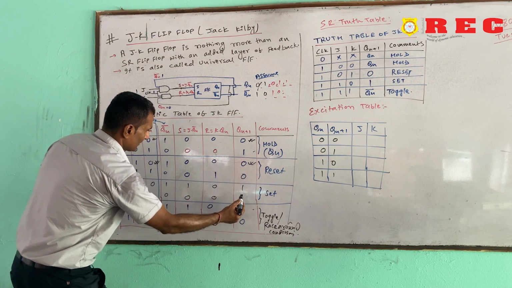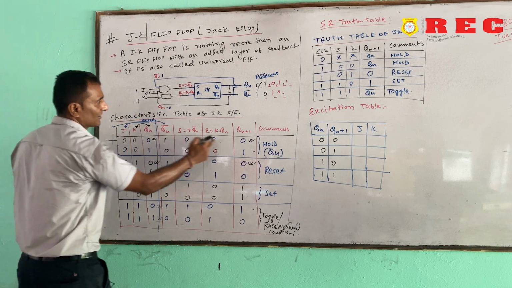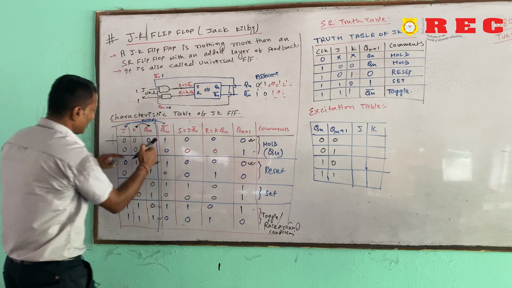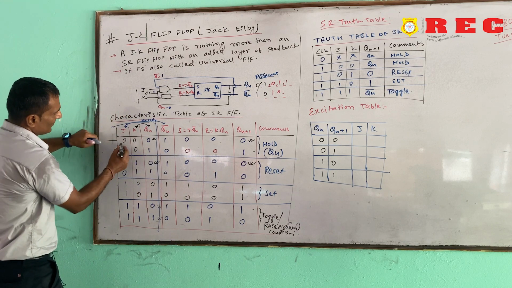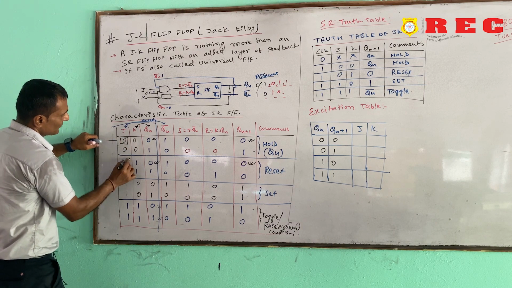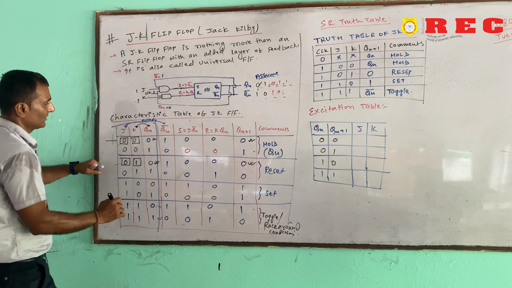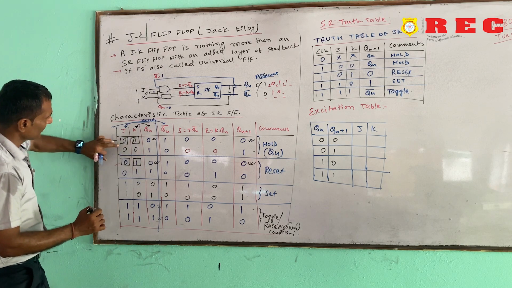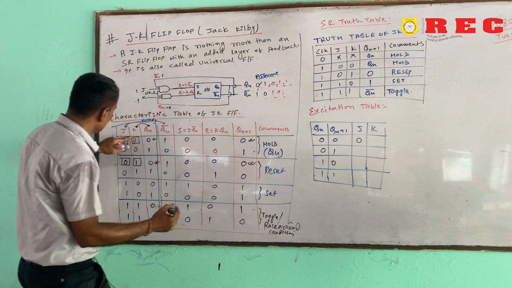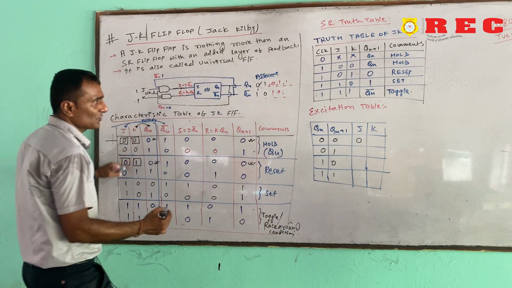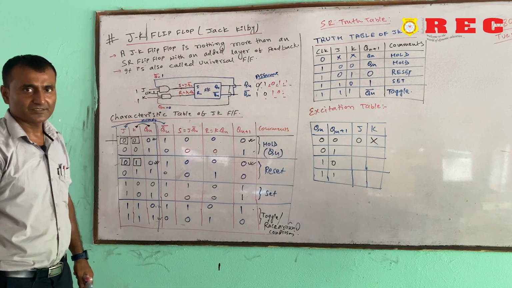Is there any more? No, only the 2 conditions. At that time the value of J is 0 0, and the value of K is 0 1. So we can say the value of J is the same, 0, and the value of K is changing from 0 to 1. So we can mark it as X, that is the don't care condition.